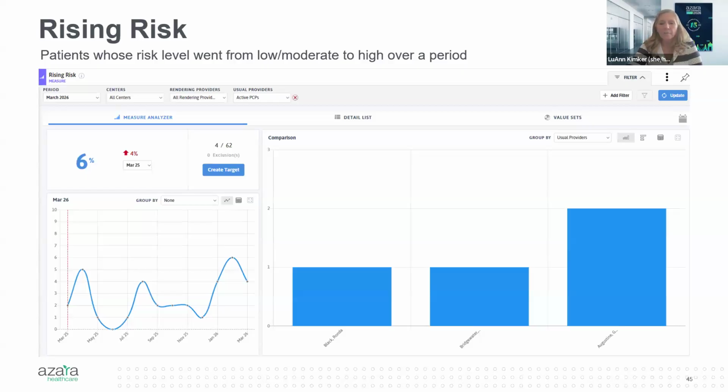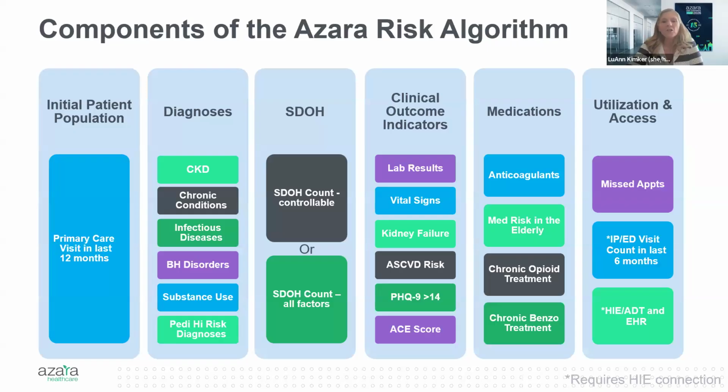So let's go to the next slide. This shows you the different components that are in the risk algorithm. The question earlier was, if you are well controlled, will your score be lower? The answer is to a degree, because your diabetes probably didn't go away or your hypertension did not go away. But one of the categories that we have is clinical outcome indicators. So we look at your cholesterol.